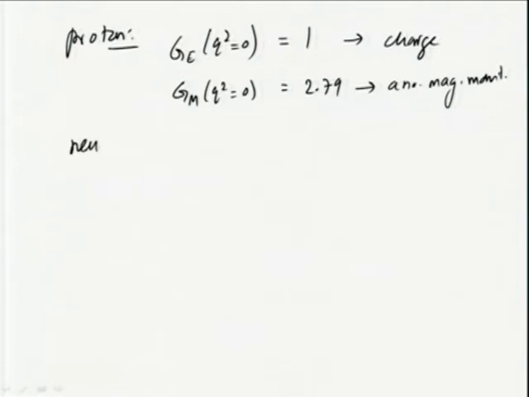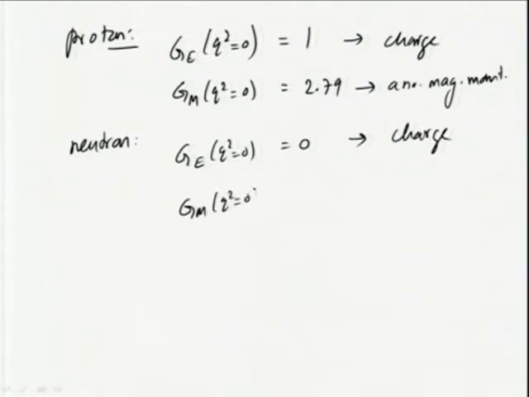And for the neutron, we have GE equal to 0 for a neutral particle, and GM at q square equal to 0 is minus 1.91. Okay, this is the anomalous magnetic moment.